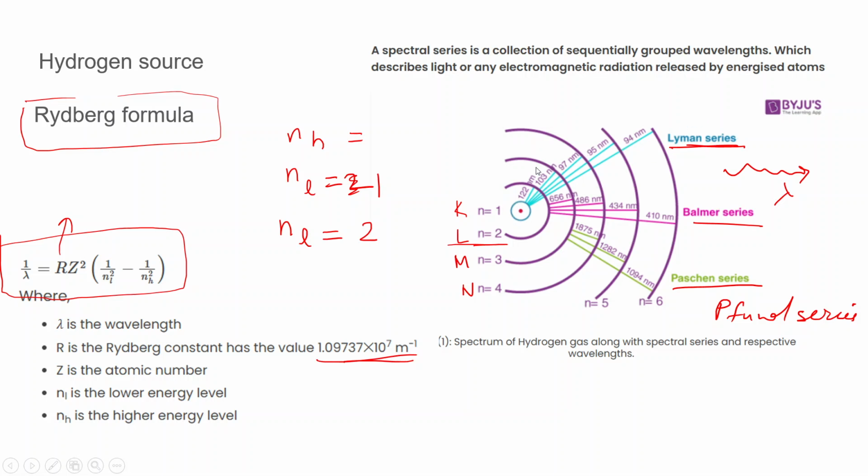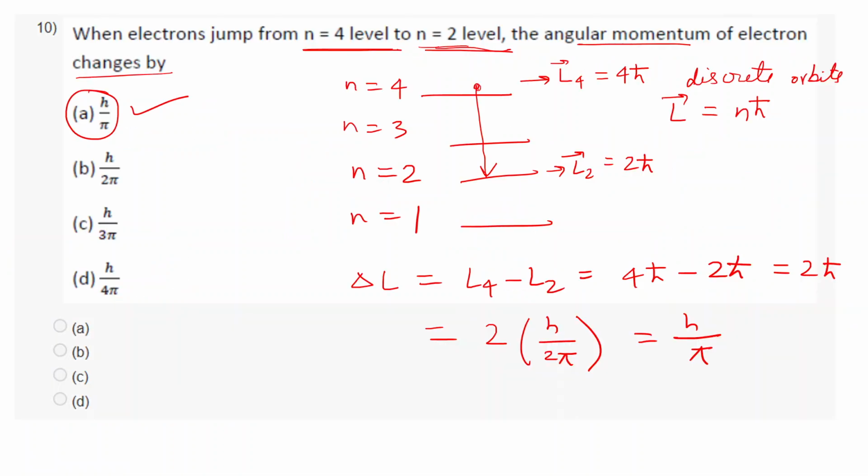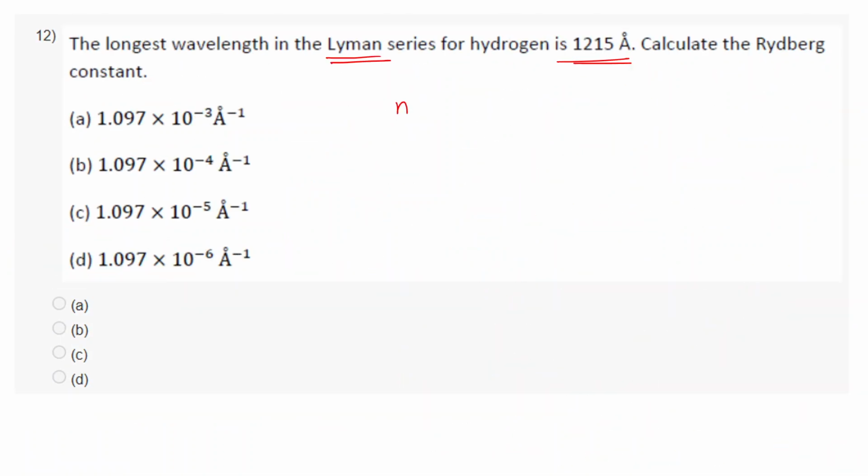So the lower level is 1. If it's a Lyman series, it means the lower level is 1. Here the question is about Lyman series, so one thing is clear, that the lower level is 1. They are talking about the hydrogen atom, which means Z is equal to 1, right? Atomic number is 1 for hydrogen. So the longest wavelength is this.